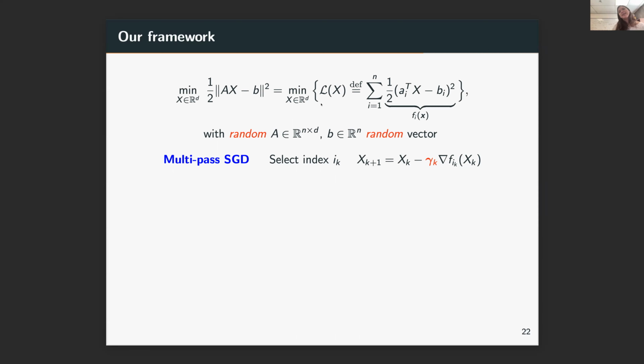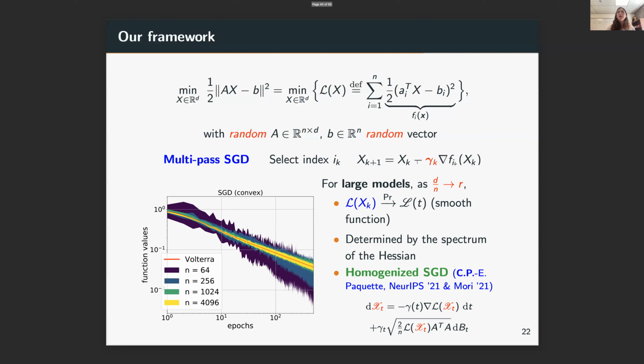What is multipass SGD? Multipass SGD is where you choose an index and then compute the gradient with respect to that random index. So you take that i_k, just choose one of those f_i's, and you update in that direction. You don't compute the full gradient of L, you just compute one element of the sum.